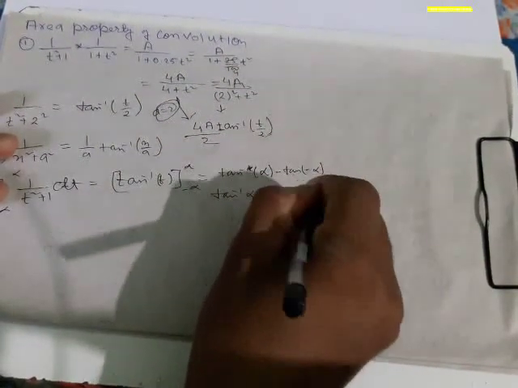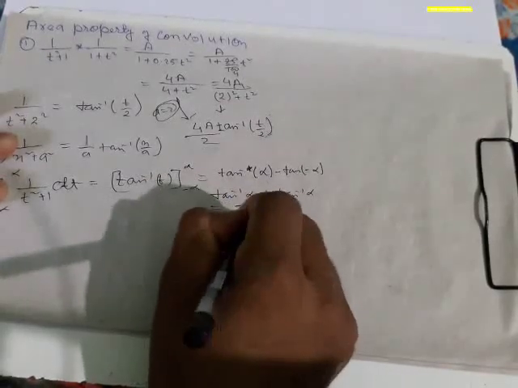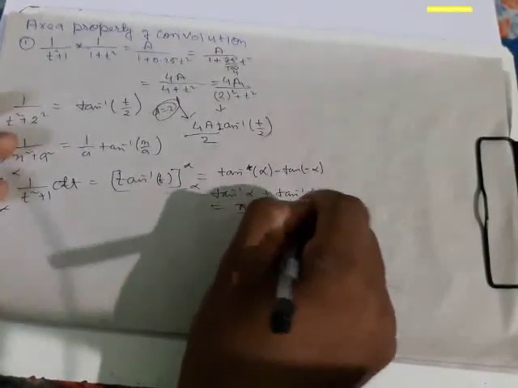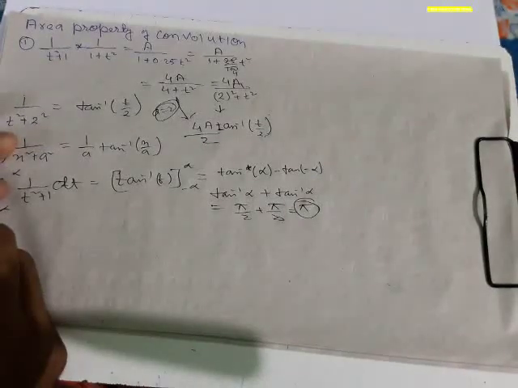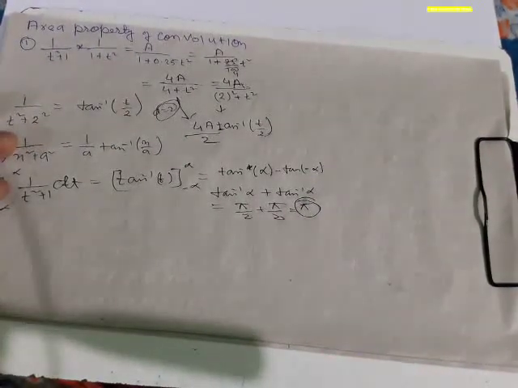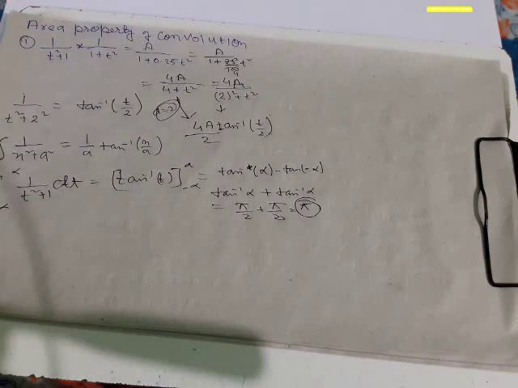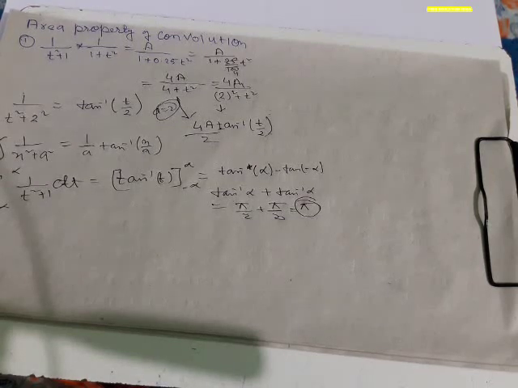That means 4a by 2 equals pi, 2 cancels out, so a equals pi by 2. Okay, now see the next property: x of t minus alpha, if we shift the input signal by alpha, and h of t minus beta, the impulse by beta, then output y will be written as y of t minus alpha minus beta. Okay, this is the property.